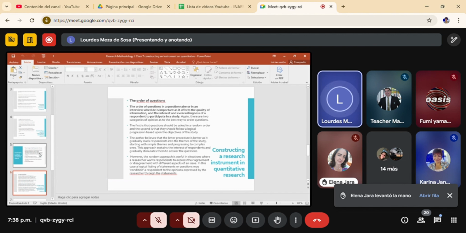However, the random approach is useful in situations where a researcher wants respondents to express their agreement or disagreement with different aspects of a certain issue. In this case, a logical listing of statements or questions may condition a respondent to the opinions expressed by the researcher.